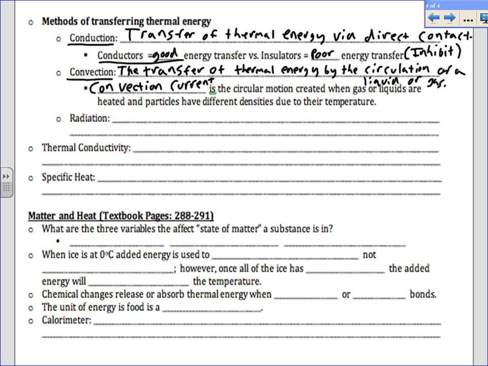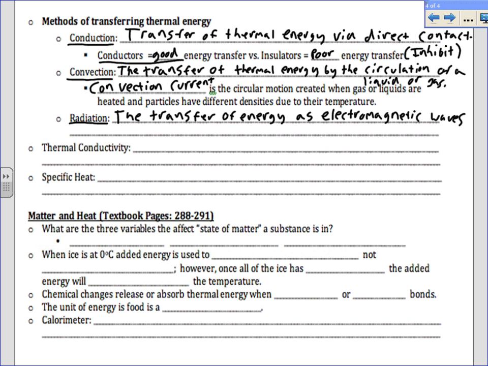Okay? And the third method of transferring thermal energy is radiation. Okay? And radiation is the transfer of energy as electromagnetic waves. All right?